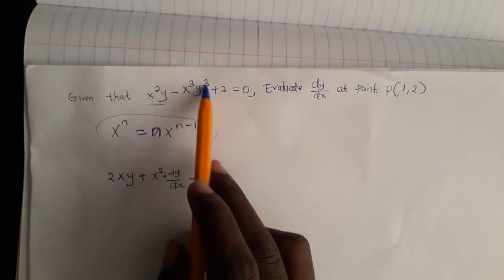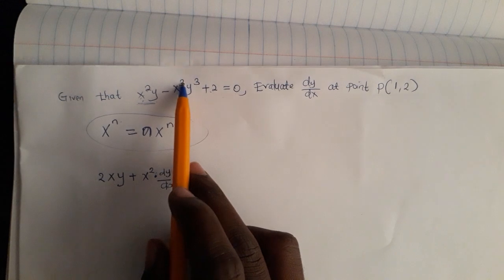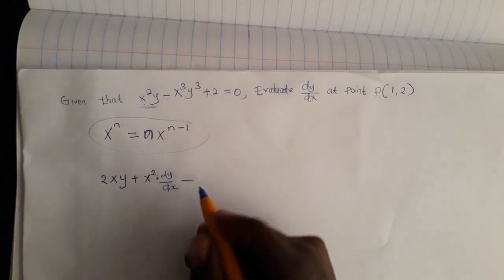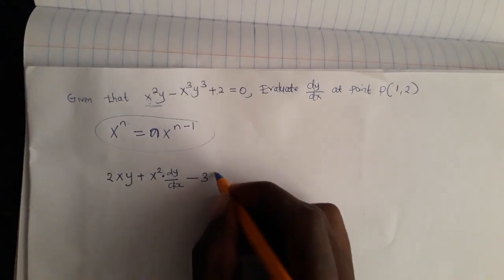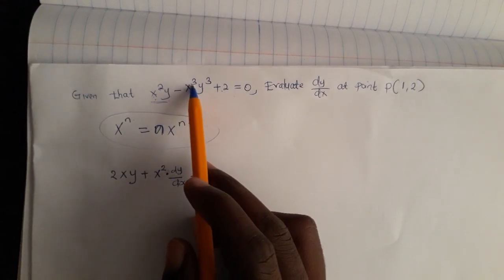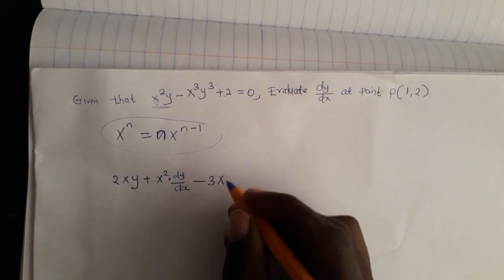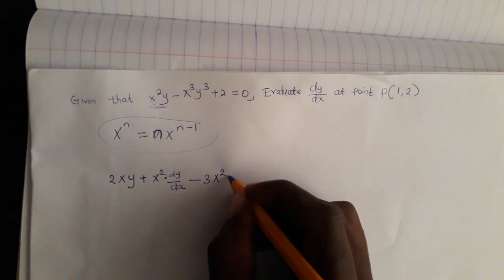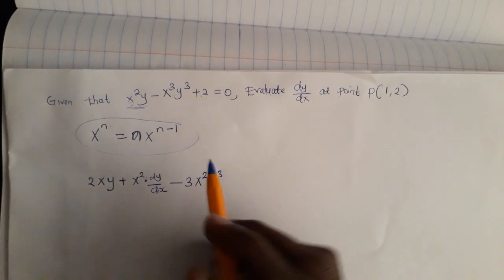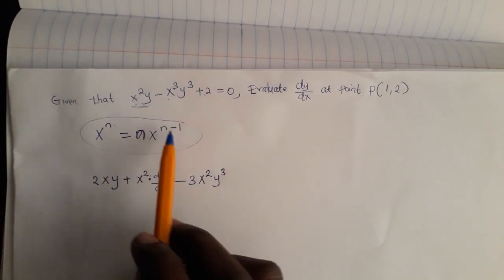If we differentiate this with respect to x, this 3 comes before x, so we're going to have 3, and then x power 3 minus 1, so we're going to have power 2, and then y remains the way it is because we have differentiated with respect to x.